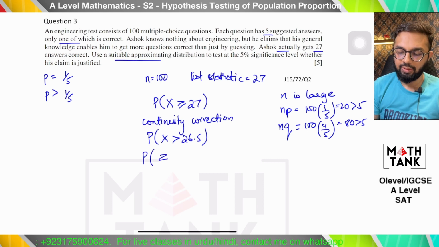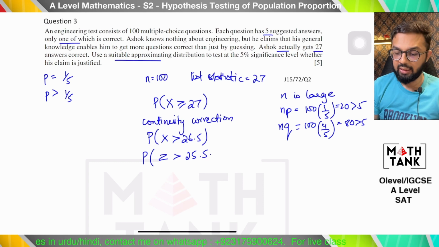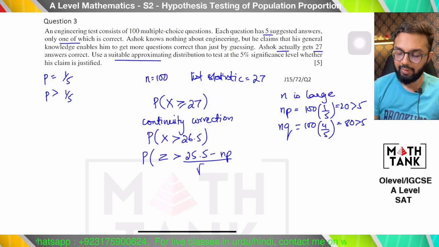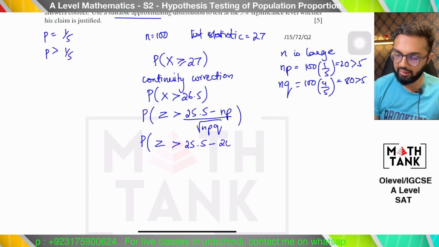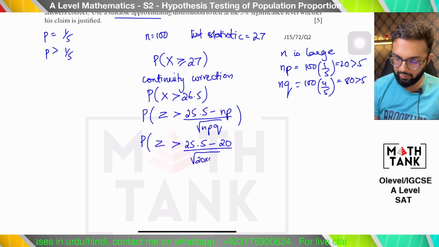So I will do z is greater than 26.5 minus np over root of npq. Okay, what's n? 26.5 minus mean. np is 20, that's what I just calculated, and npq would be 20 into 0.8.